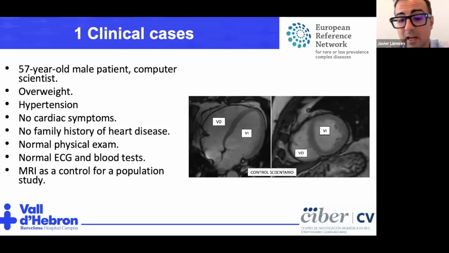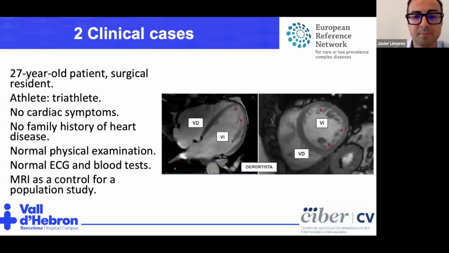There is no family history of disease, the physical exam is normal, we don't have any alteration. In the MRI of this patient, you can see some trabeculation in the left ventricle, but all the other things of the MRI are normal. The volumes are normal, the function is normal, everything is very normal.